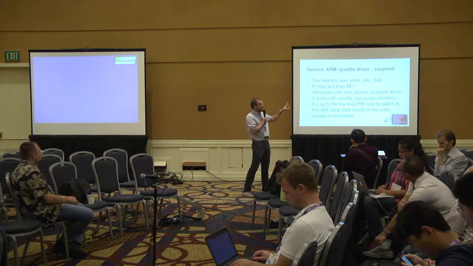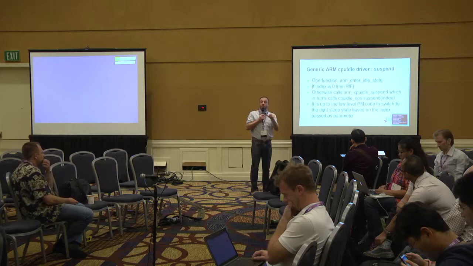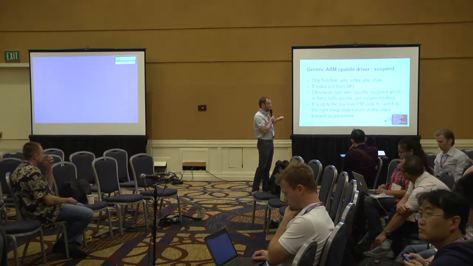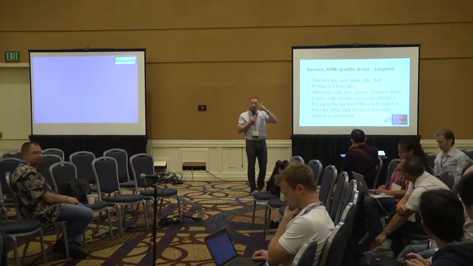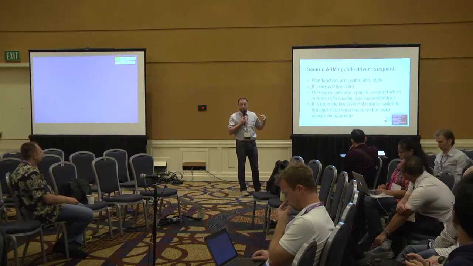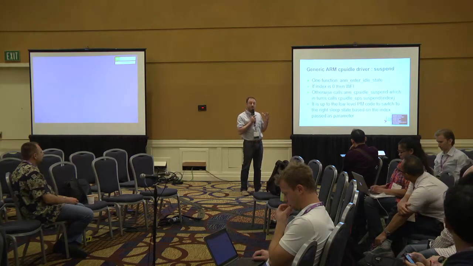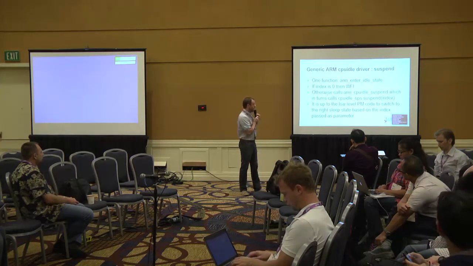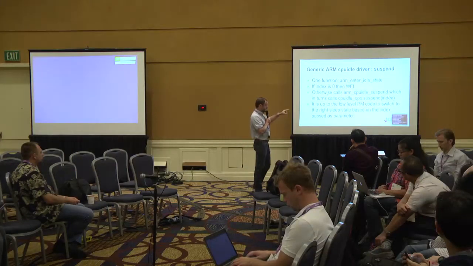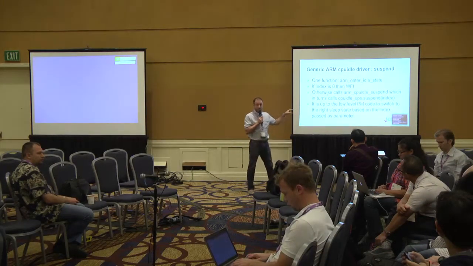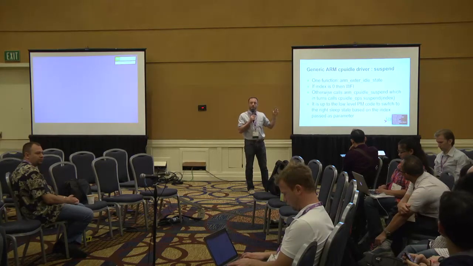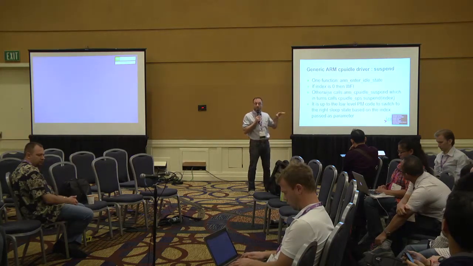Otherwise, we call cpuidle suspend, which is the suspend ops we found before. The common code is inside this function, and then the ops is called from there. And we pass the index. The index is the number of the idle state we want to enter.